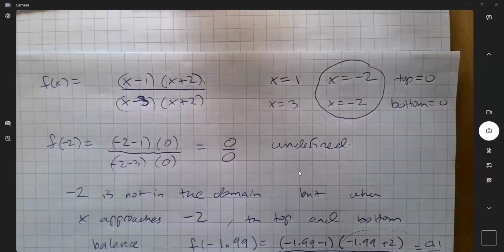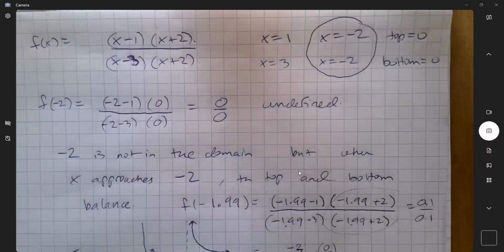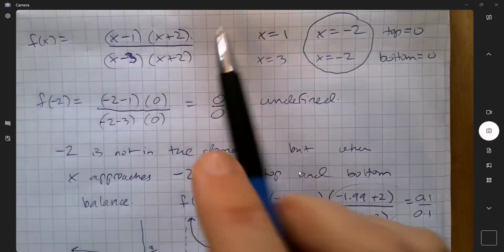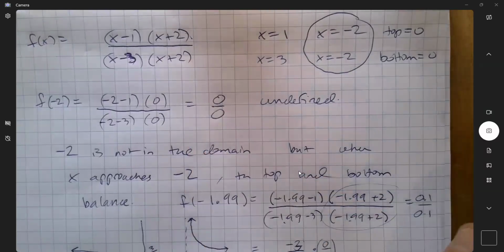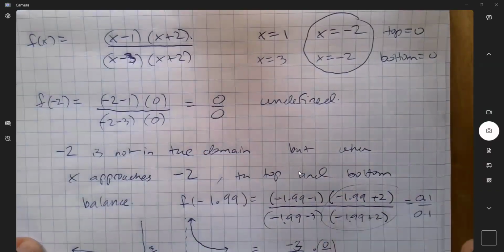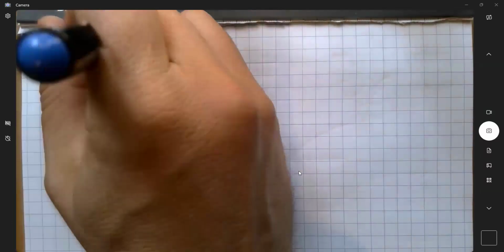Now, if they don't have the same multiplicity, you might still end up with a vertical asymptote. But the important thing to recognize is sometimes your polynomials in the top and the bottom share a factor, and that can change whether or not you have a vertical asymptote. Okay, there's something similar that happens with end behavior, which generally is very simple.